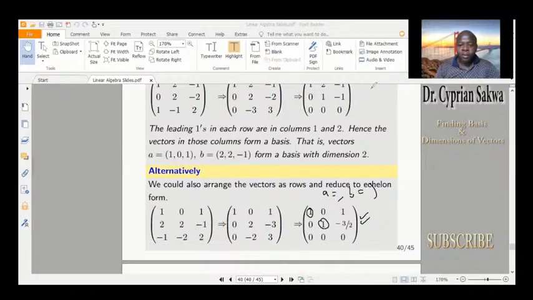These two form a basis of the vector space B. And you can still see that the dimension is 2 because that basis has 2 elements.